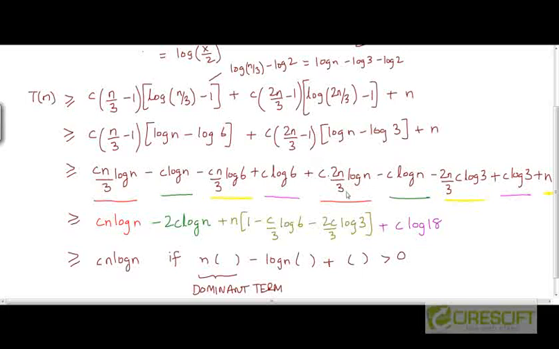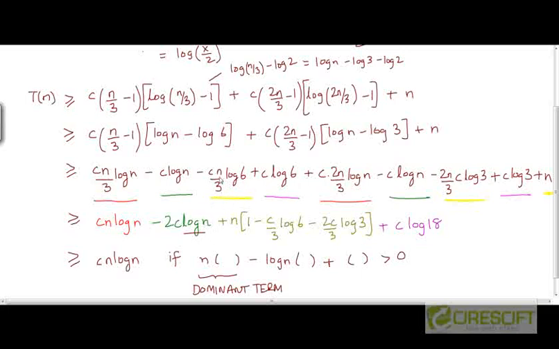So what will be the result? n log n multiplied by c by 3 plus 2c by 3. c by 3 plus 2c by 3 is 3c by 3, which is simply c. So we'll get c times n log n in the result. Let's group together the log n terms, and I've underlined the 2 log n terms here with green, and if we combine them we'll get minus 2c log n.